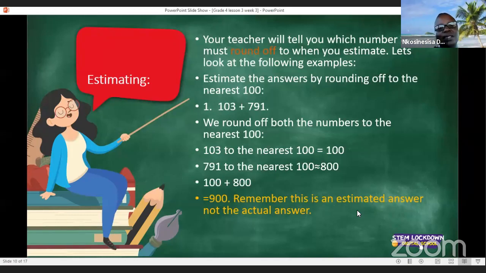If you master that, then it's going to be easier for us to go through addition using the rounding off. There is another topic in addition called rounding off and compensation. So if we do not master rounding off, we cannot move on to that topic.